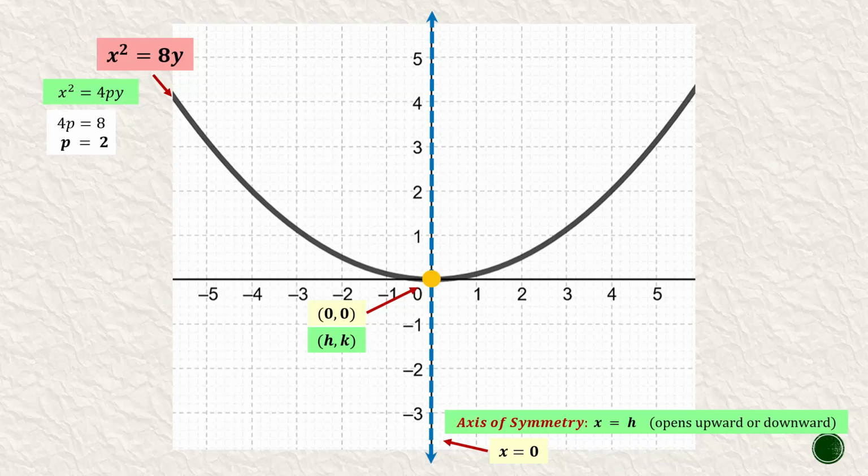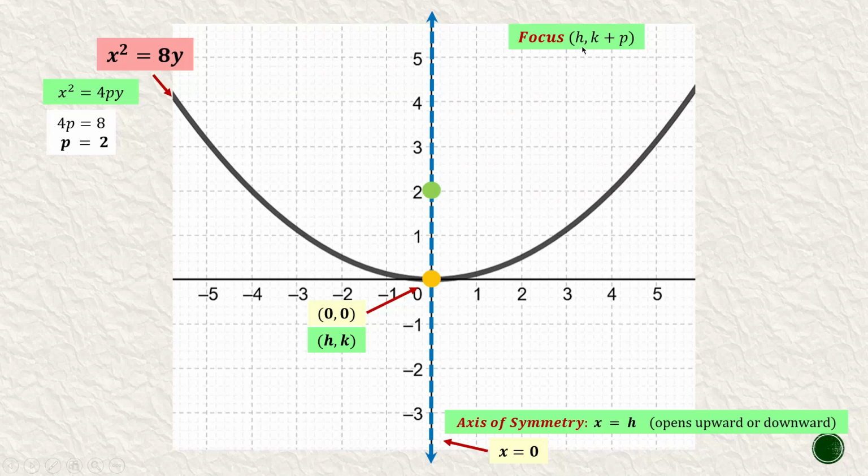So the focus is basically located, in this case, obviously above the vertex, and the distance of that depends on the p value. So p is 2, so that means 2 units above the vertex. So that means it's somewhere here. Generally speaking, we can find the coordinates of the focus by having this formula.